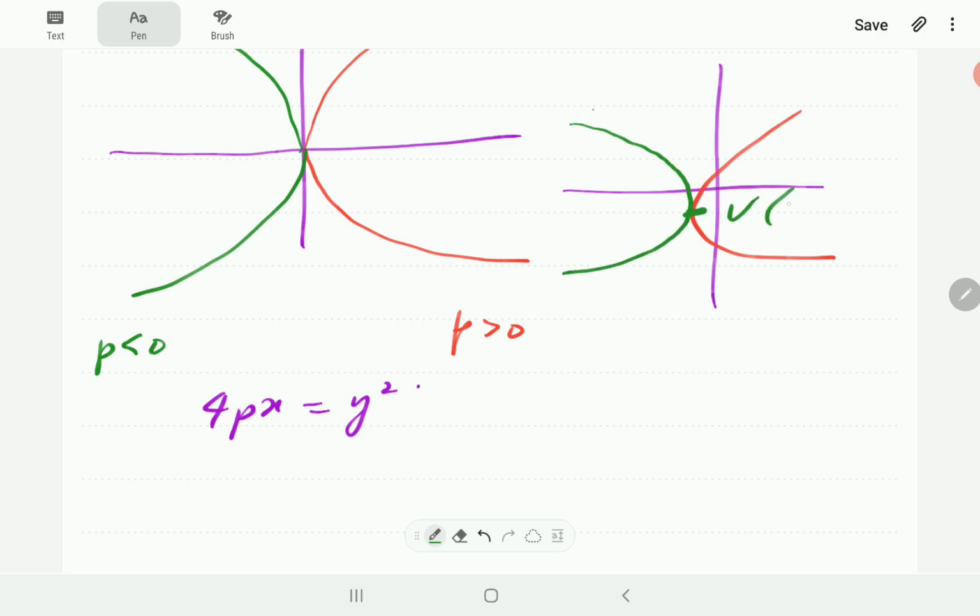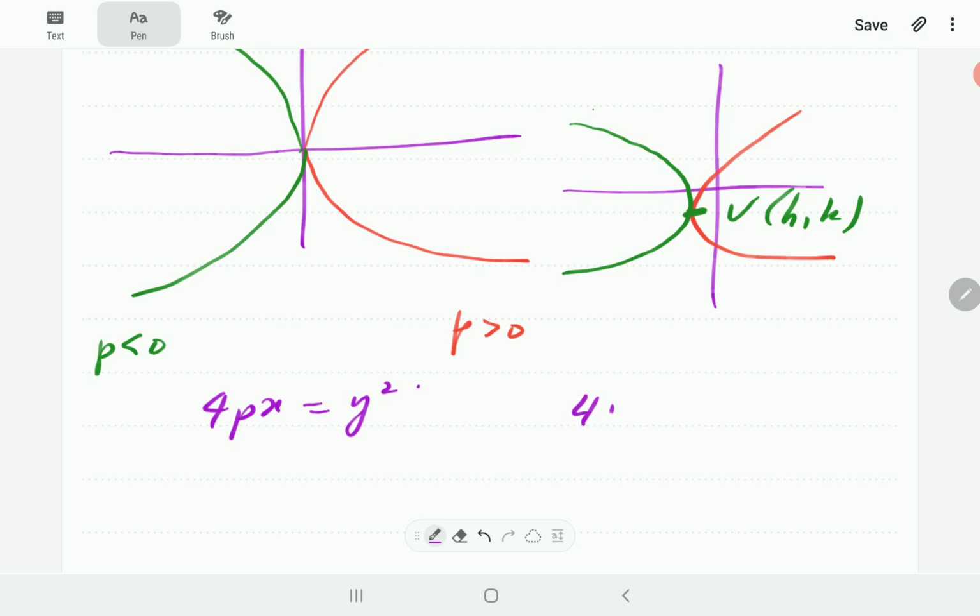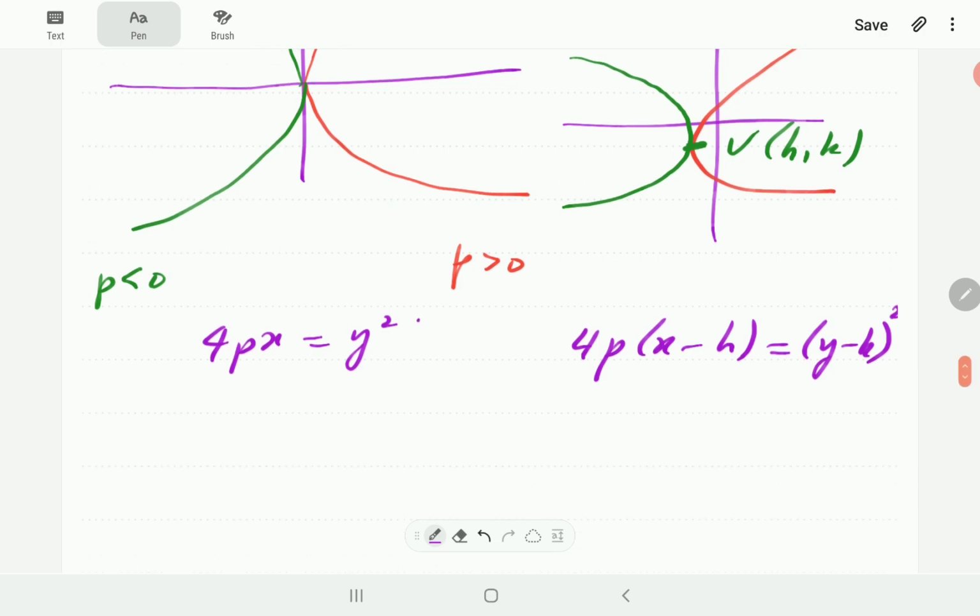Our vertex is now at (h, k), so the equation is now 4p(x minus h) equals (y minus k) all squared. By the way, this equation is the standard form, as we head for the circle.